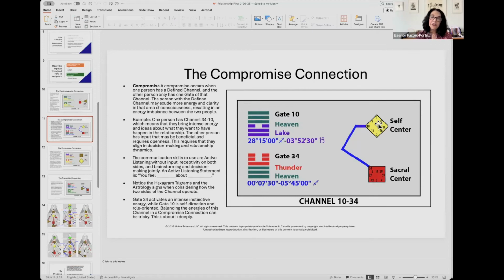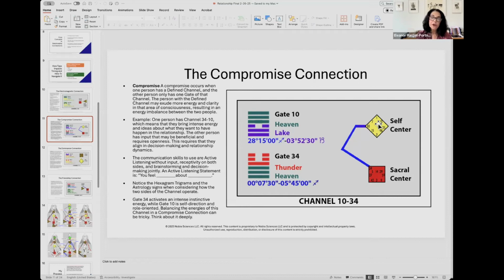The person with the 10-34 needs to listen to the person with either the 34 or the 10 to see what that person is thinking and feeling, and to, as a partner, be in communication rather than bulldozing that person in some way.